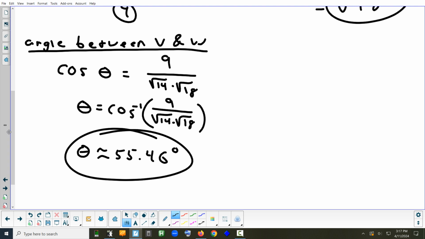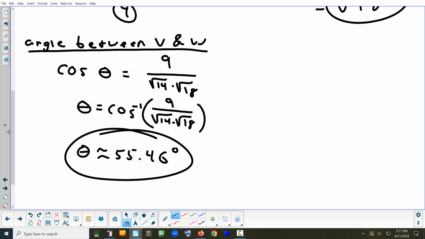If two things meet at a 45-degree angle, that's not perpendicular. It would be 90. So if they are perpendicular, we would have gotten 90. What would parallel be? 180 or 0. Yes. So since we got 55.46, that's neither.